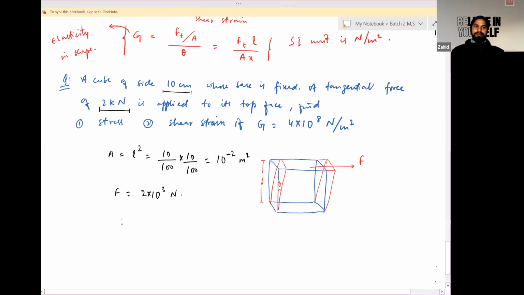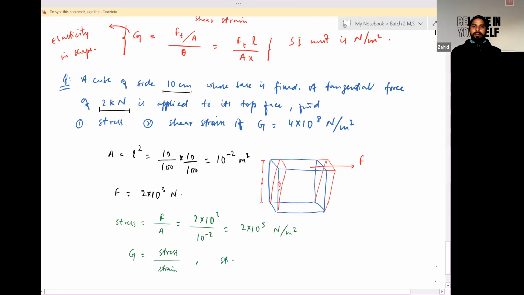So shear stress equals force divided by area of cross section. Force is 2 into 10 to the power 3 and area is 10 to the power minus 2. So it will be 2 into 10 to the power 5 Newton per meter squared. Next, shear modulus equals shear stress divided by shear strain.